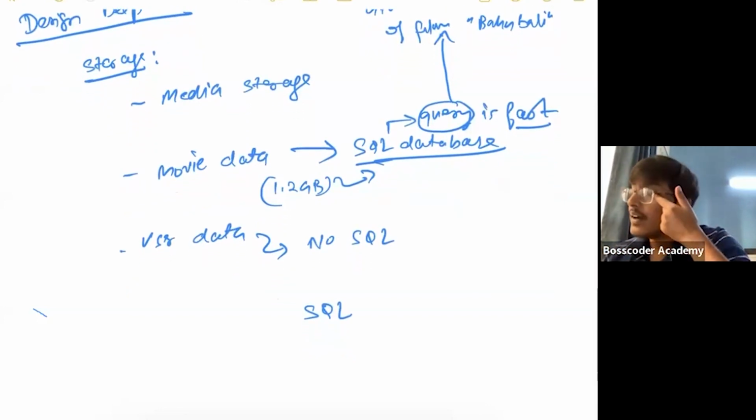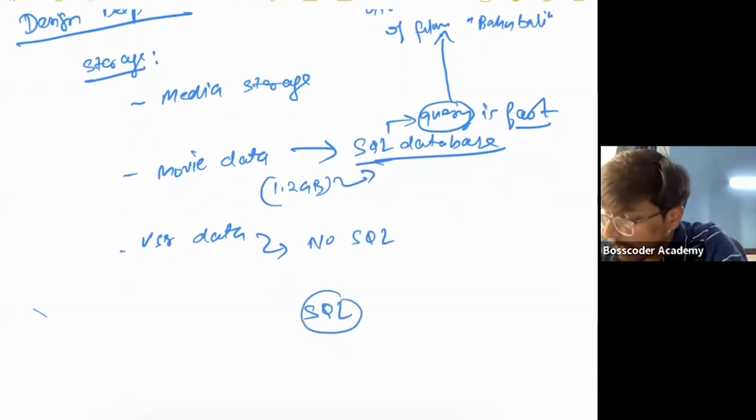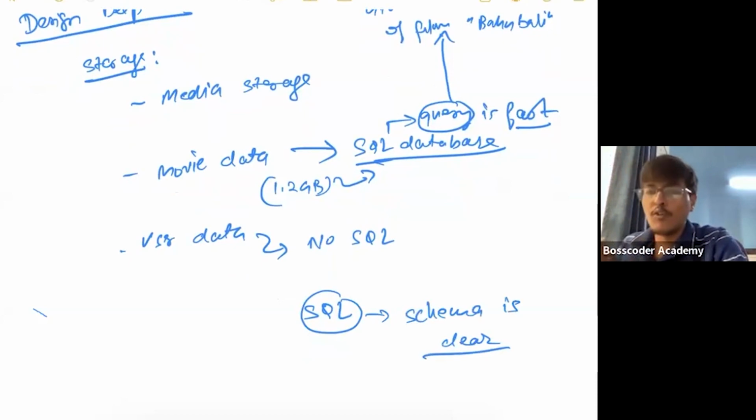Choose SQL if the schema is clear to you, if you know what schema you are going to use, and the schema is not going to change very frequently. Choose NoSQL if you are just starting up and you're not sure what the schema will be.